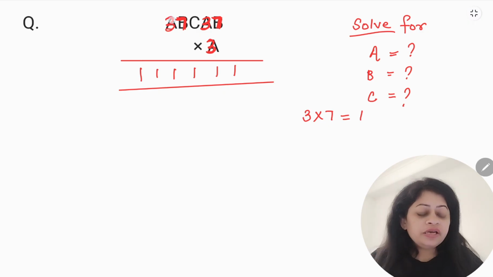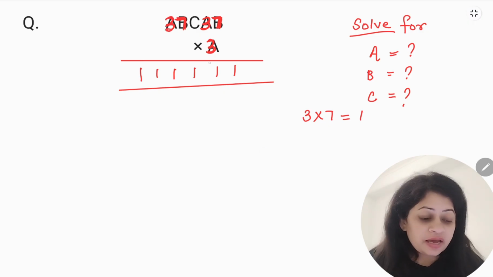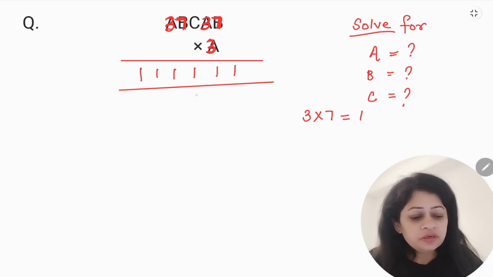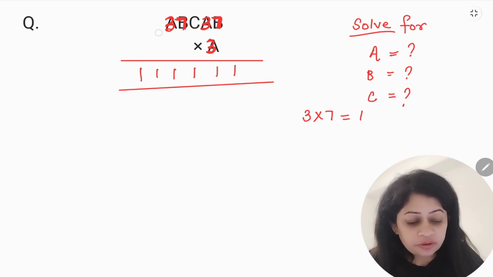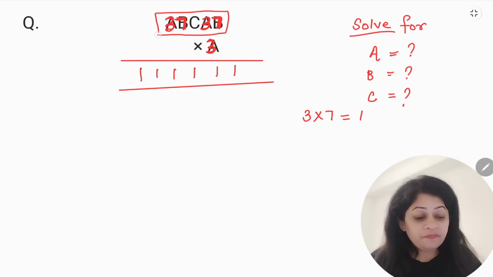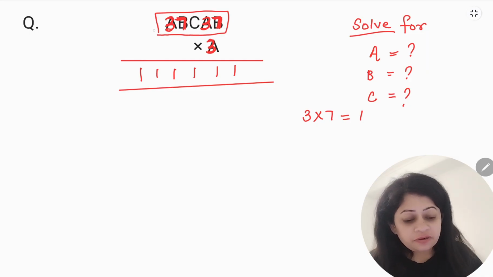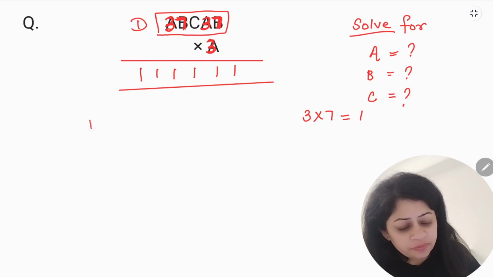Now we know 3, 7, C, 3, 7 multiplied with 3. And we are getting this number. So now I need to figure out C. Suppose I do not know this number, but I know 3, right? I say this number is D, this whole number. So then we know that D multiplied by 3 is equal to what?